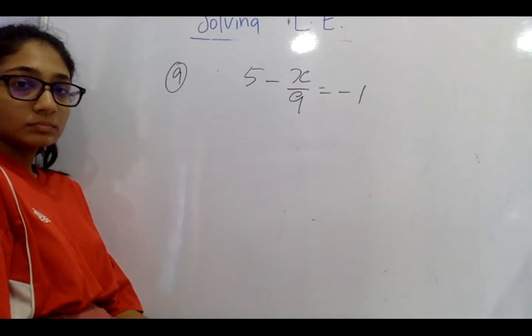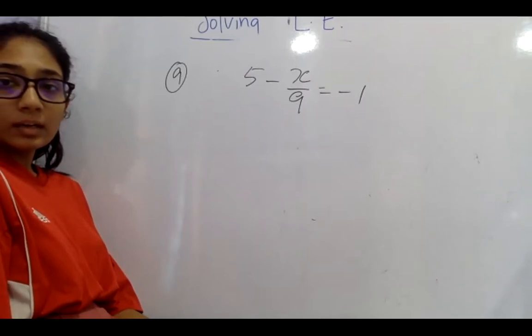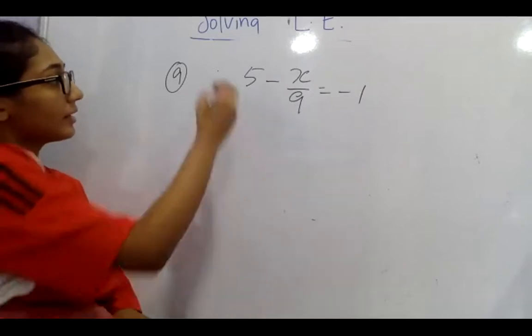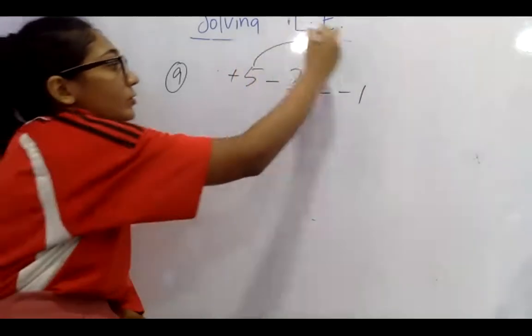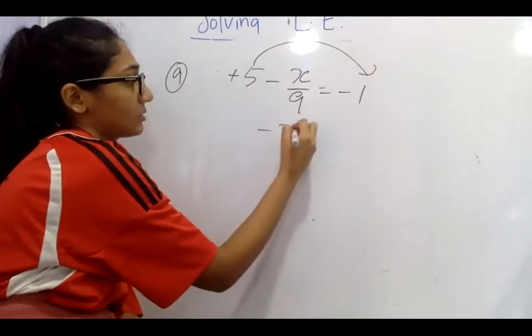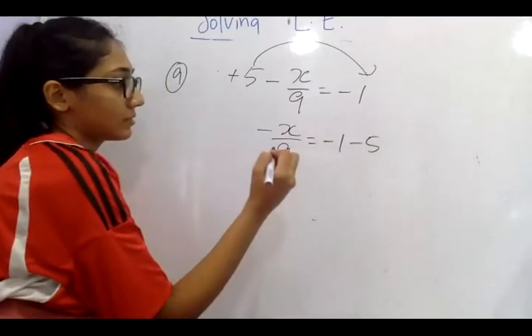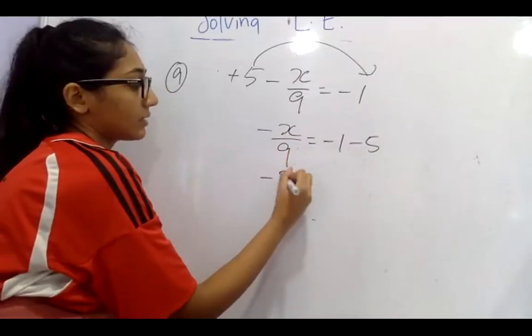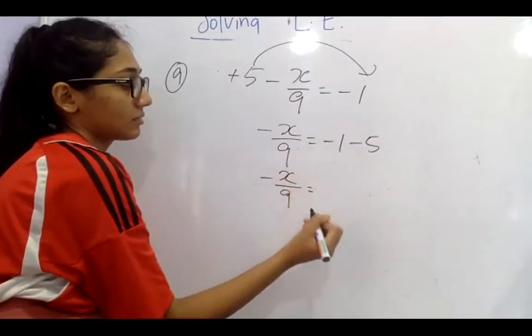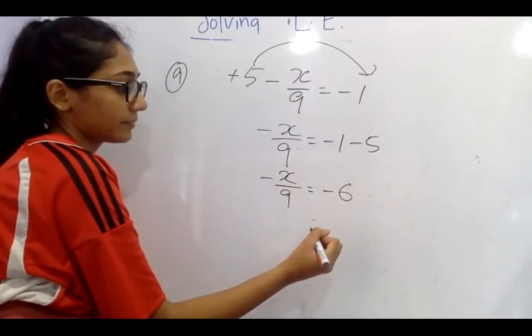Move 5. Okay, move 5 to the right side. Plus 5. So I move over to this side will be? -5. Okay, so I leave this here. -1, -5. So what do I get? -6. Correct.